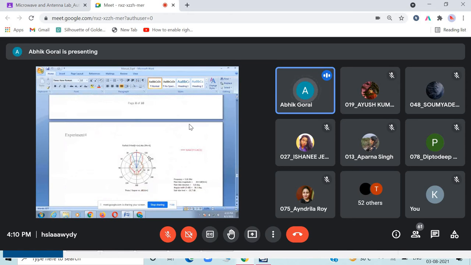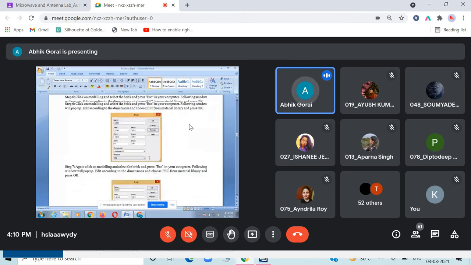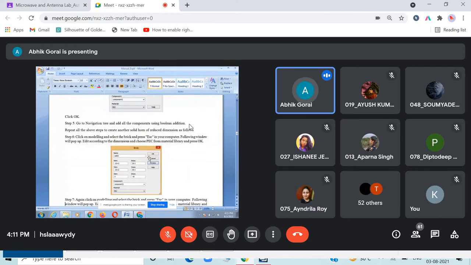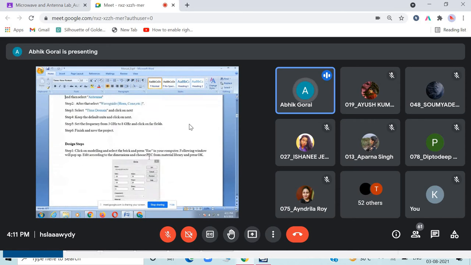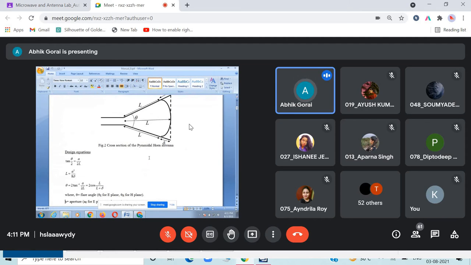The final diagram is not shown, I forgot to include that, but all the steps are very well explained. You have to create a horn antenna according to the dimensions already provided in the manual. And like in the last class, you have to share your screen to get it verified. So follow each step.